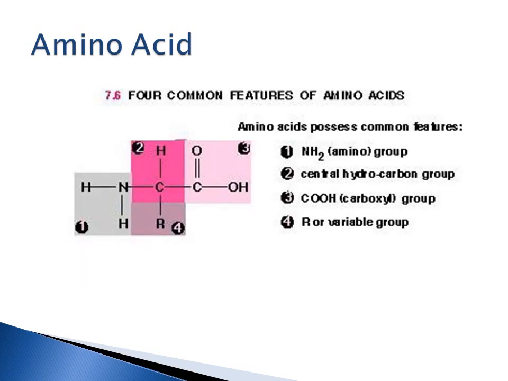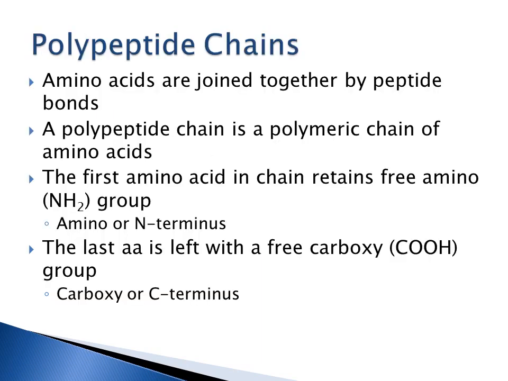And this is a schematic showing these features of the amino acids, where you have your central carbon, you have your amino group, you have your carboxyl group, and you have your variable group. Amino acids are joined together to form polypeptide chains. The amino acids are joined by peptide bonds.